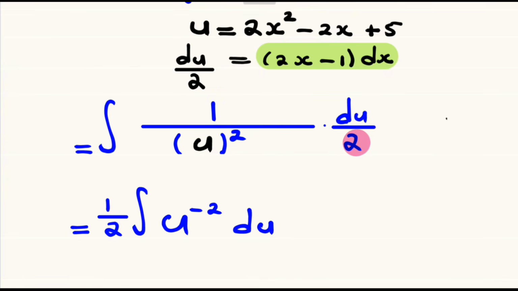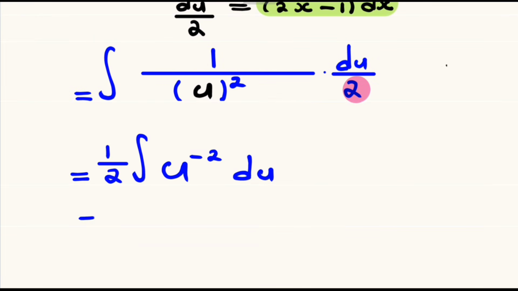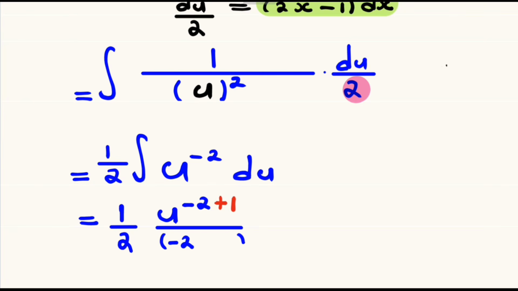So when we integrate this, we have half the integral of u to the power negative 2, which will be u to the power negative 2 plus 1. We also divide by the new exponent, negative 2 plus 1.